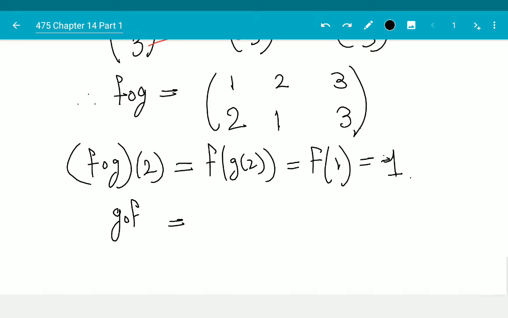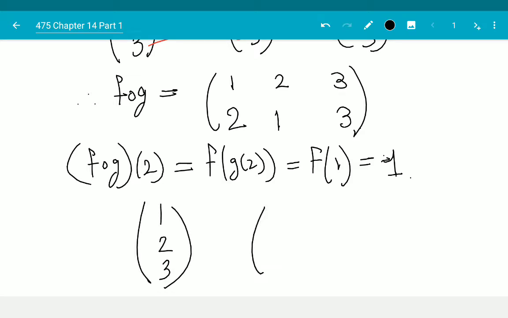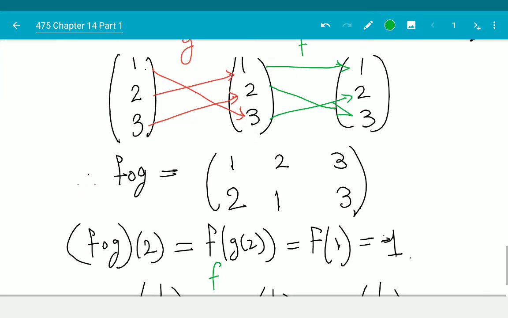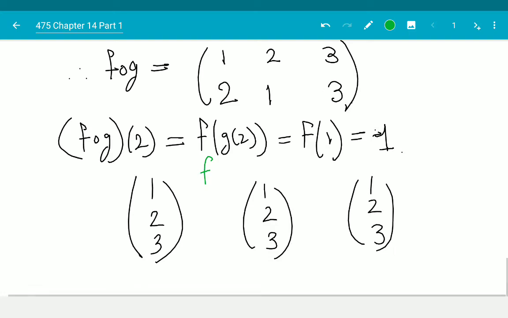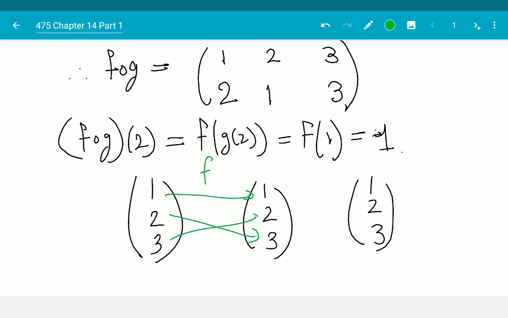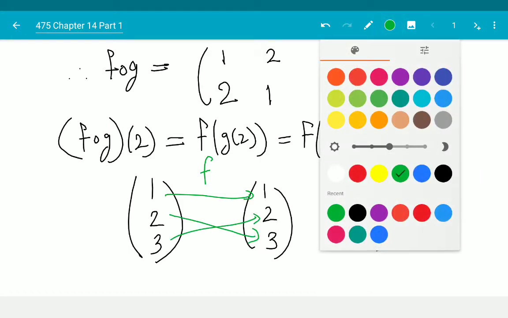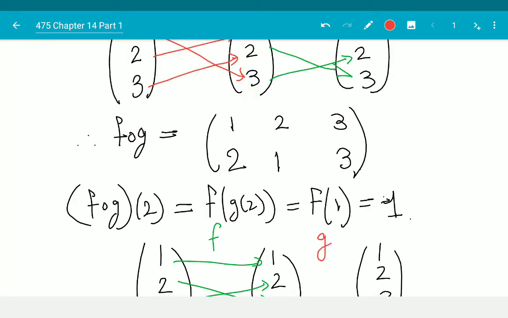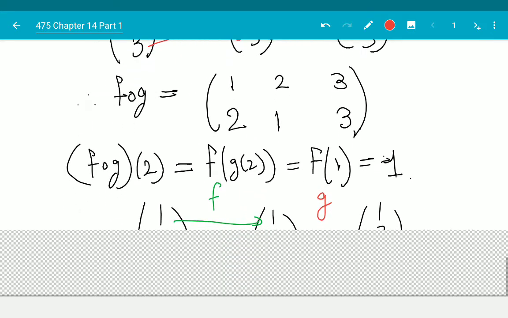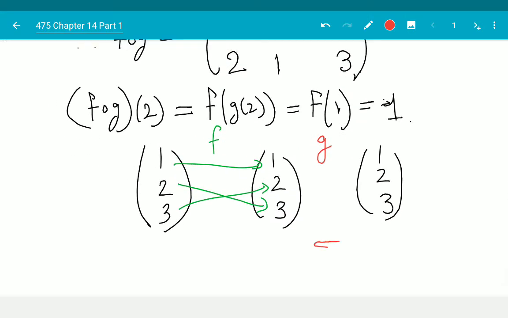What was F? 1 goes to 1, 2 goes to 3, 3 goes to 2, and G was 1 goes to 3, 2 goes to 1, 3 goes to 2, right?